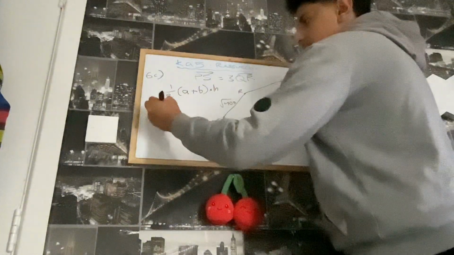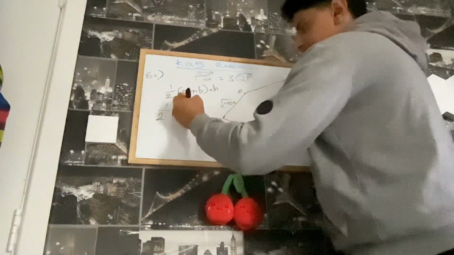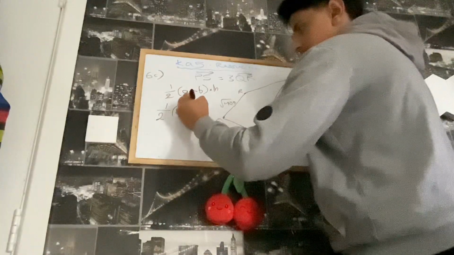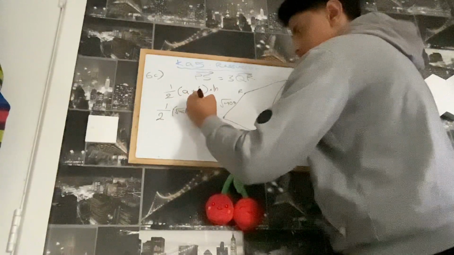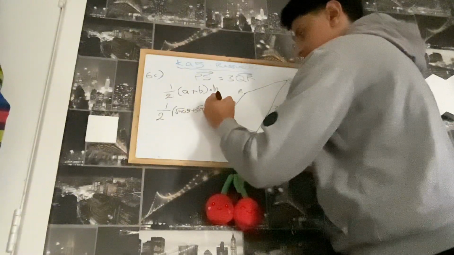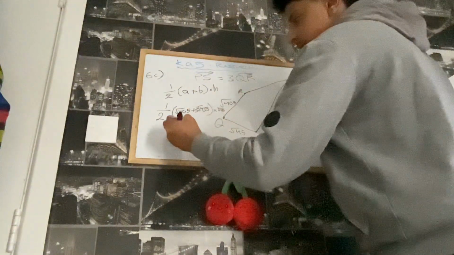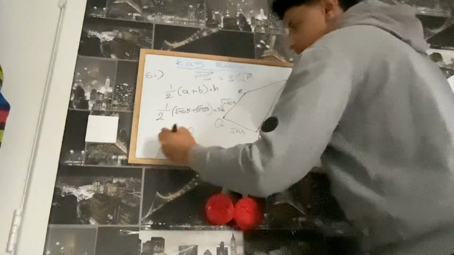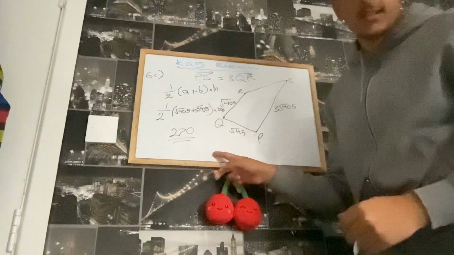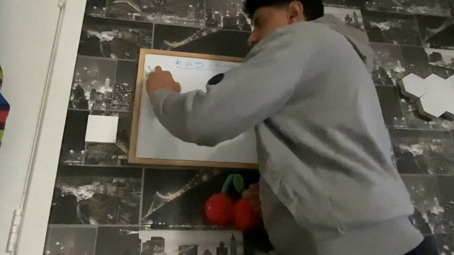So we do half of root 405 plus 3 root 405, times h, which would be root 45. That would be our answer, giving us 270, and that is the exact area. Okay, now we are performing question 7.